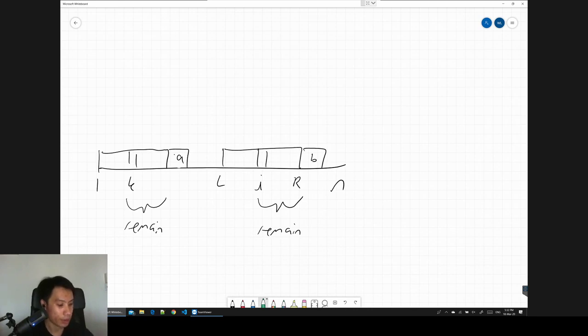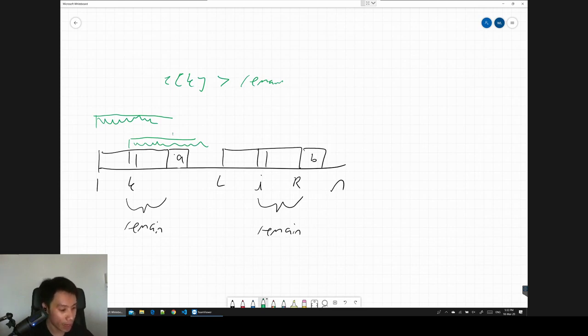If the Zk is greater than remaining, it means I have a portion here, which I will color, that is the same as the portion here. Remember, every number is the length of the substring which is the same as the prefix.